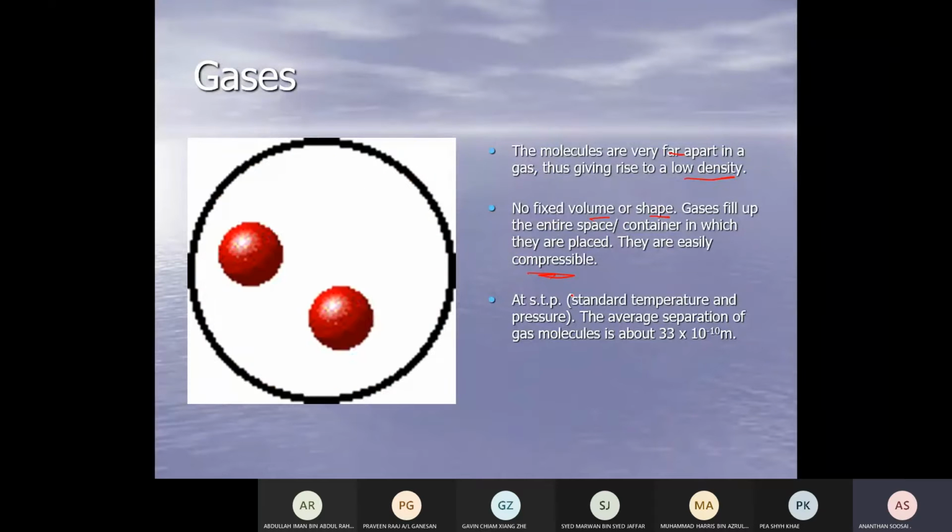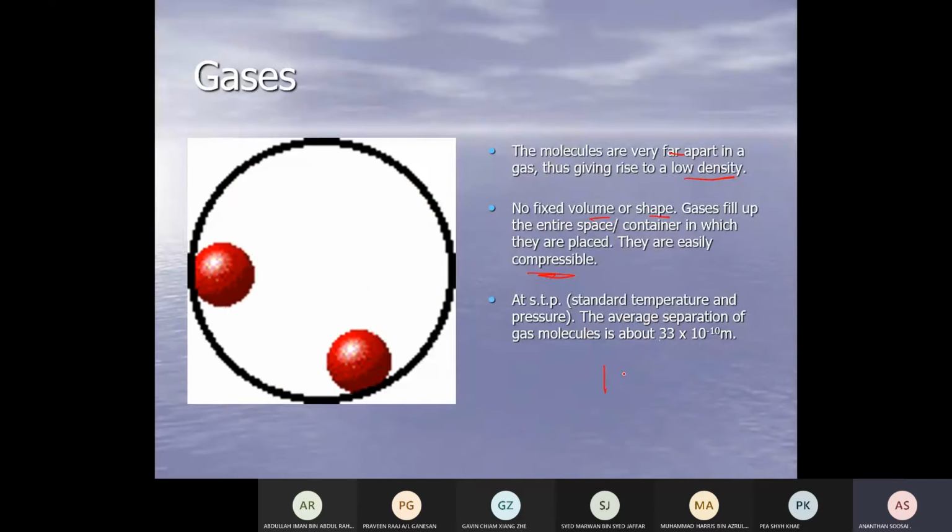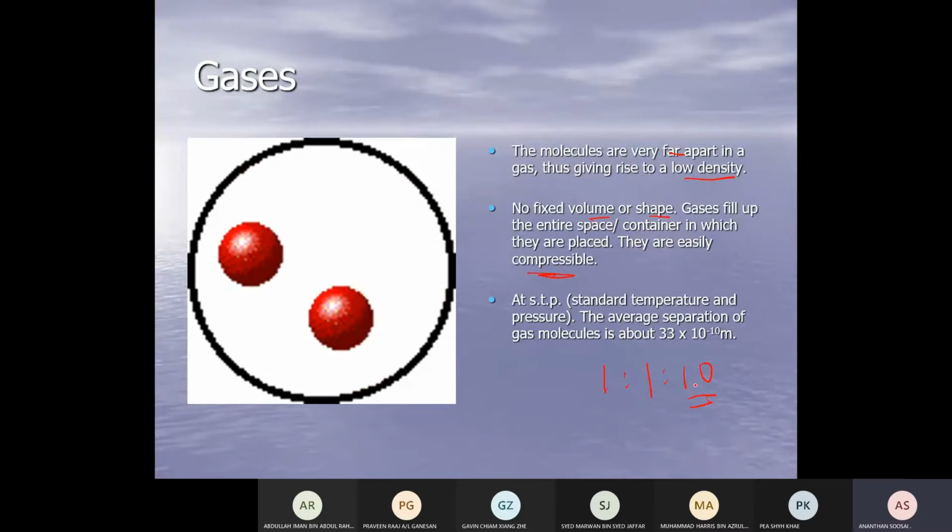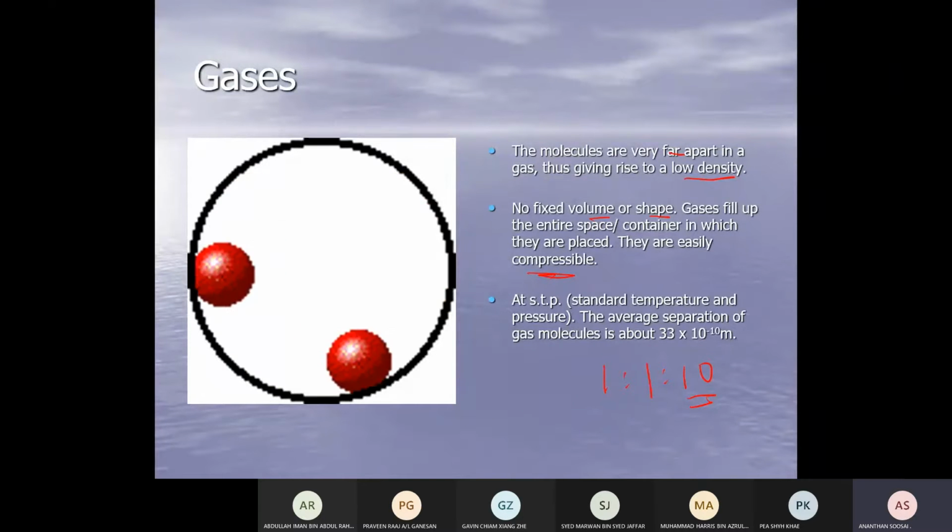At standard temperature and pressure, the average separation of the molecules is about 33 times 10 to the power negative 10. Remember the ratio 1, 1, 10. The spacing of gas is 10 times further than solid and liquid, and it moves randomly.